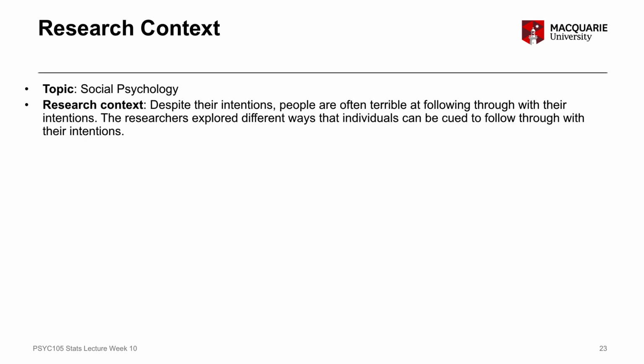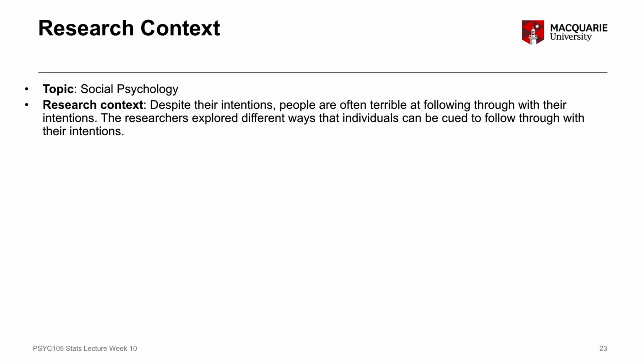So to move on to the more formal example that we're using here, the topic here is in social psychology. It's a particular example we're using from a paper that was published here. What we're looking at here is people's intentions to follow through with some kind of behaviour and looking to see if we can change people's likelihood of following through with that behaviour depending on giving people reminders or giving them different cues to try and increase their chance of following through with a behaviour.